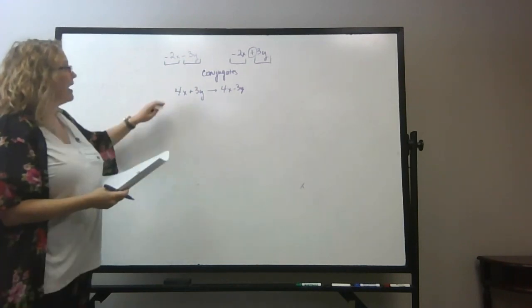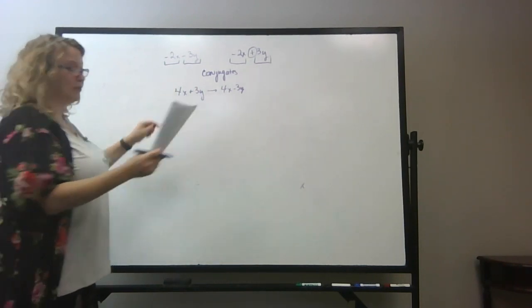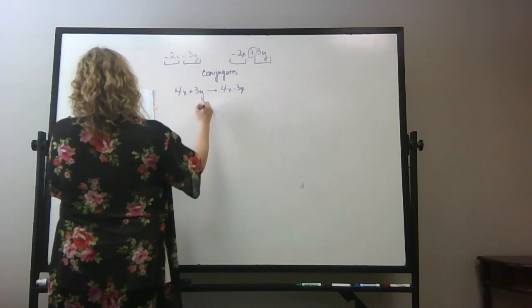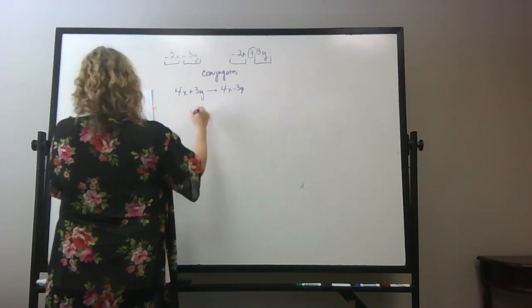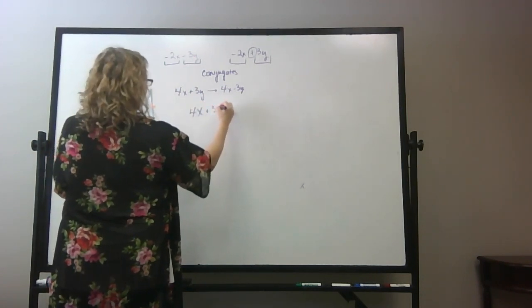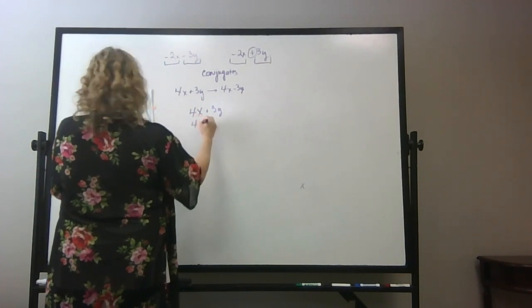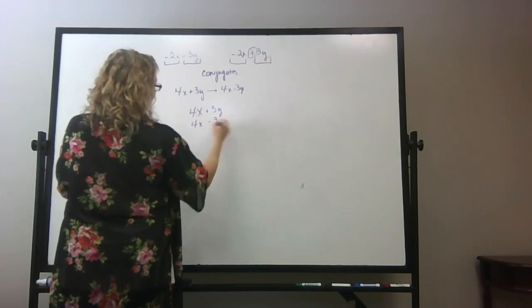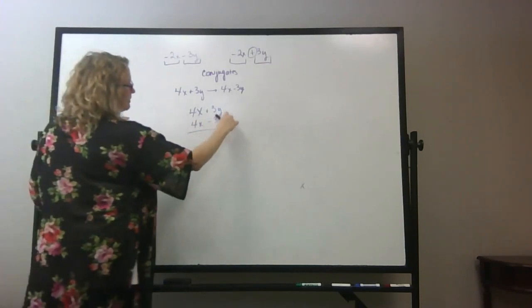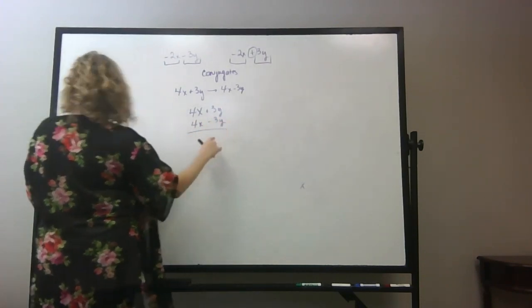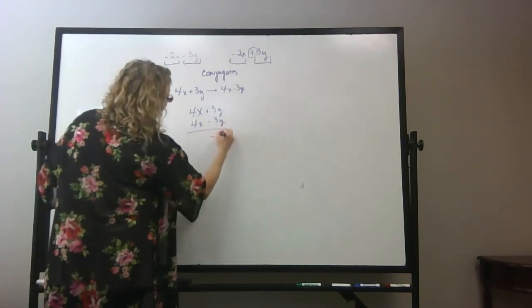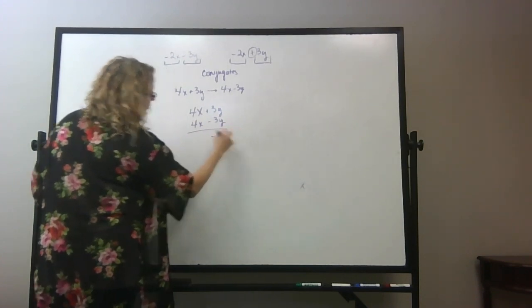So let's see what happens when I multiply my conjugates. I get 4x plus 3y multiplied by 4x minus 3y. 3y times negative 3y is going to give us negative 9y squared.